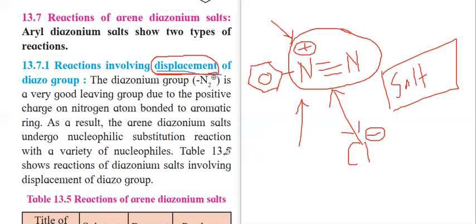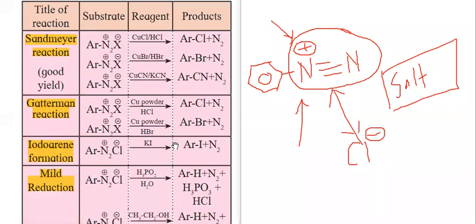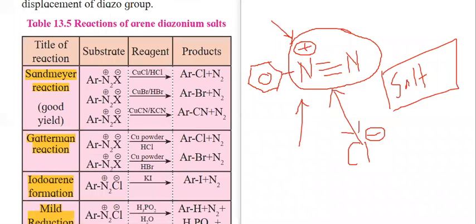We will see those nucleophiles. The table shows the reactions of diazonium salts involving displacement of the diazo group. Lots of reactions are included in this table. The first one is called the Sandmeyer reaction.